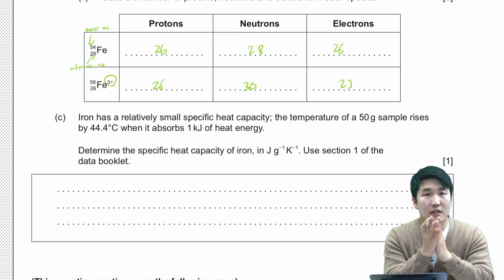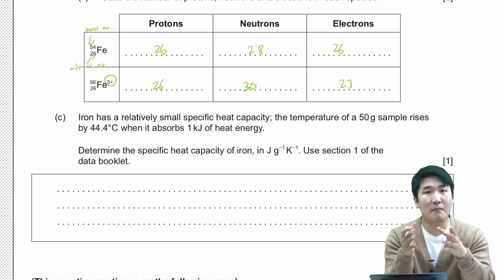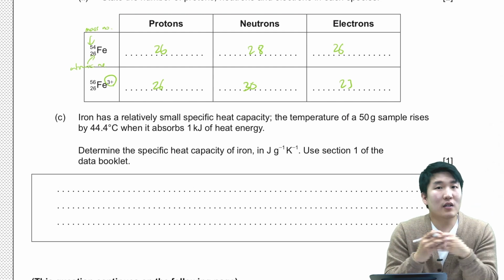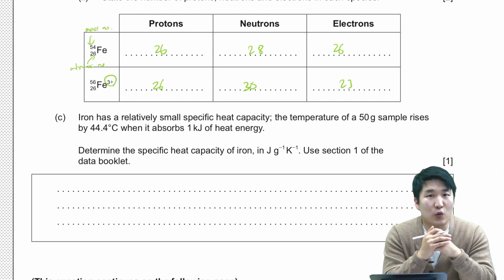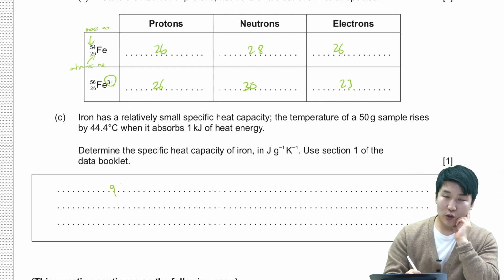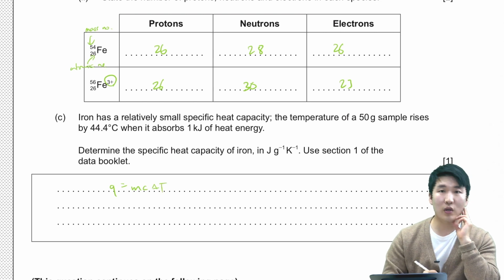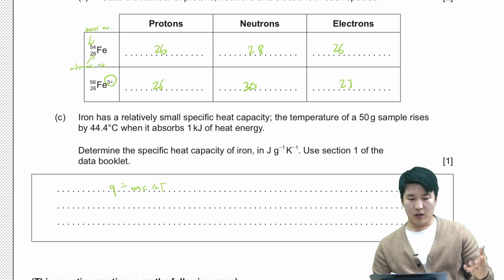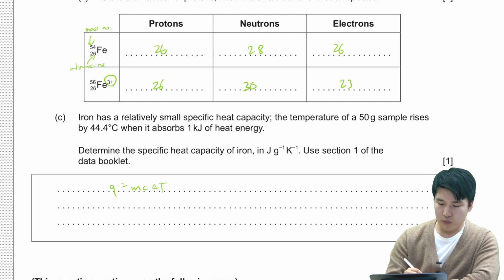Iron has specific heat capacity. We're going to find the specific heat capacity. Calorimetry calculation question. So what's the equation we have to use? We'll have to use Q equals mc delta T, where we're given the Q value, which is going to be 1,000 joules.